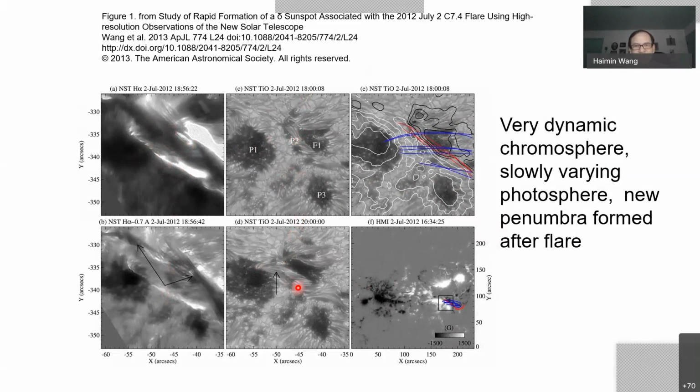Due to the flare, there was nothing between those two sunspots. So after the flare, the penumbra formed. They actually formed rapidly. So this is a kind of so-called back reaction of the solar flare. I will mention some part of that later.